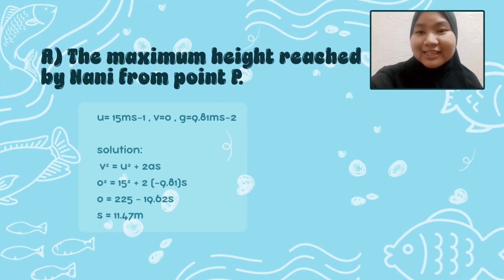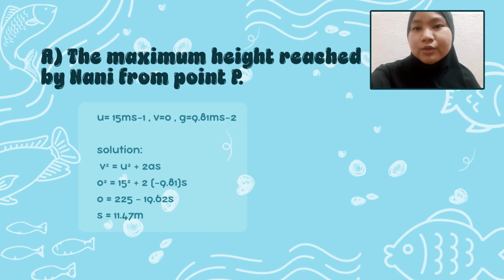Let's solve part A to find the maximum height reached by Nani. To do this, we use the formula V squared equal to U squared plus 2AS. Our initial velocity U is 15. Our velocity at the top V is 0 because she stopped for a split second, and acceleration A is negative gravity, which is negative 9.81.